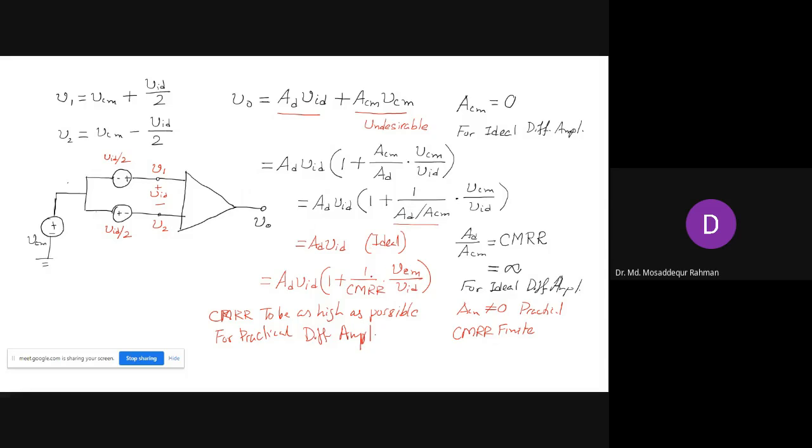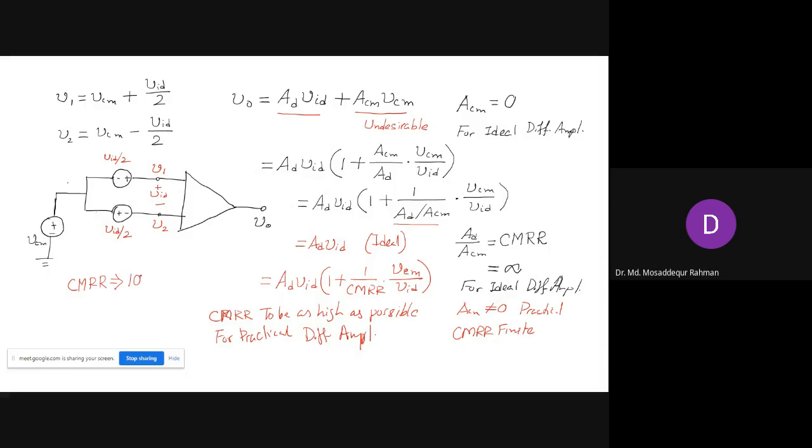So unless the CMRR is very high, this contribution will be significant because of the large magnitude of the common mode voltage. So the common mode rejection ratio is an important parameter for the differential amplifier, and it is important that the differential amplifier has quite a high value for it. And how high is a good value for the differential amplifier?